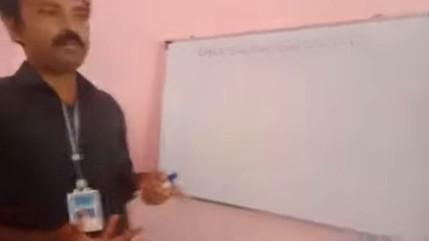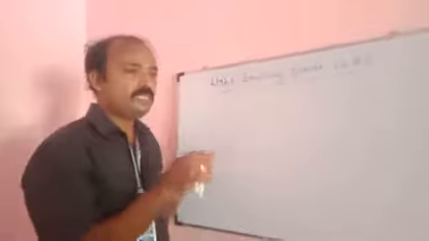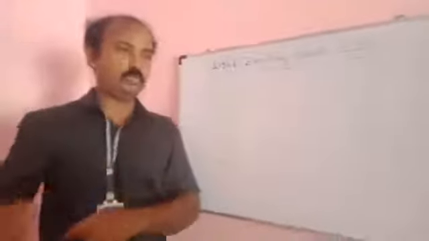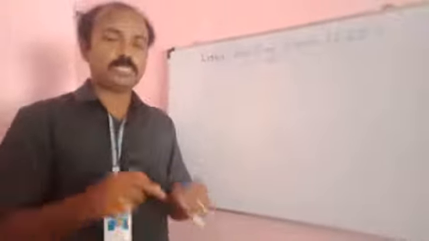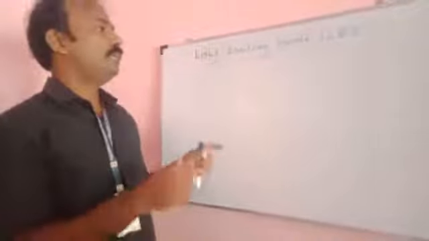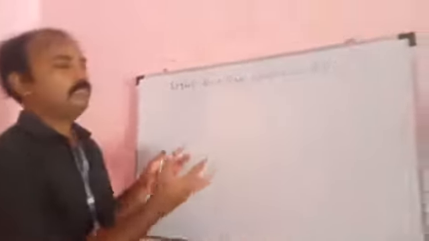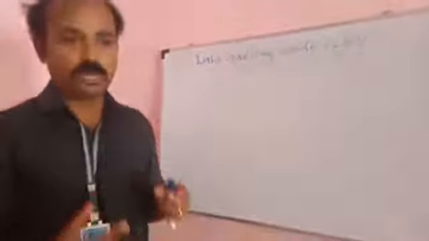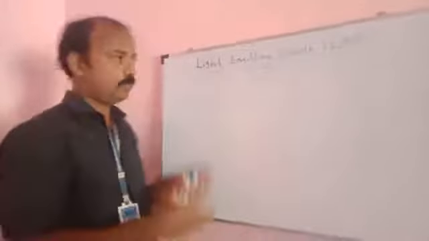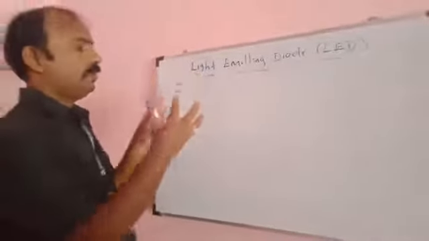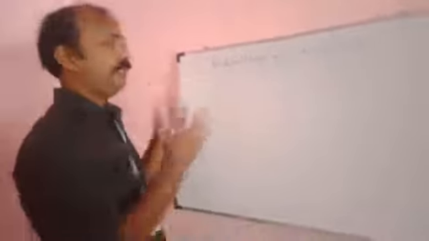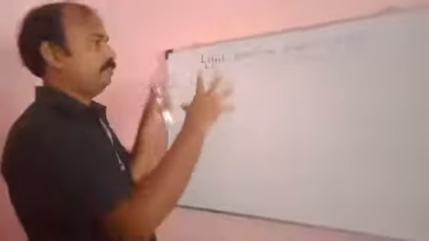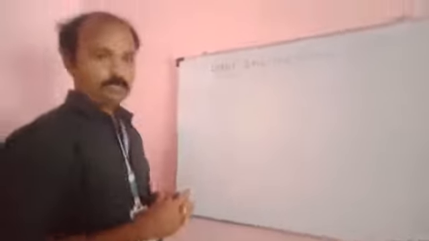What is meant by forward bias? That means the P-type semiconductor is connected to the positive terminal of the battery and the N-type semiconductor is connected to the negative terminal of the battery, then that diode is forward biased. So here it works under forward biasing. The explanation is over. Now we move to the principle.